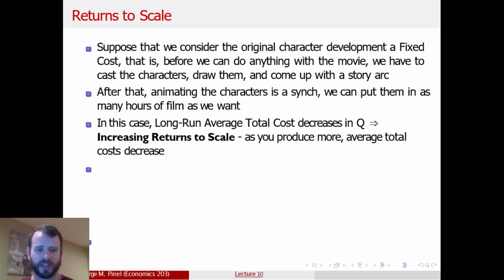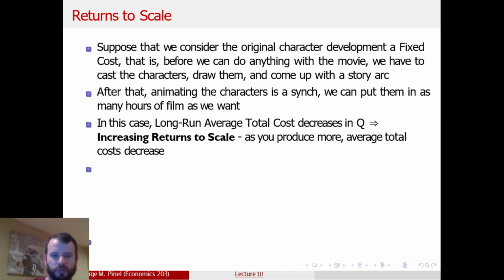So basically, you could write 1,000 sequels with this movie at a lower average total cost than just coming up with the original character development. Okay, so a lot of projects will tend to follow this. This is like, let's say you're developing a computer program, right?